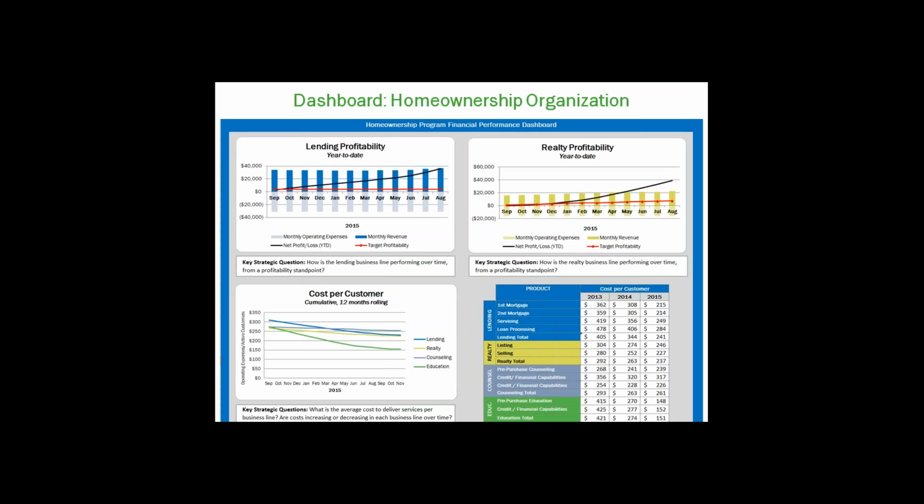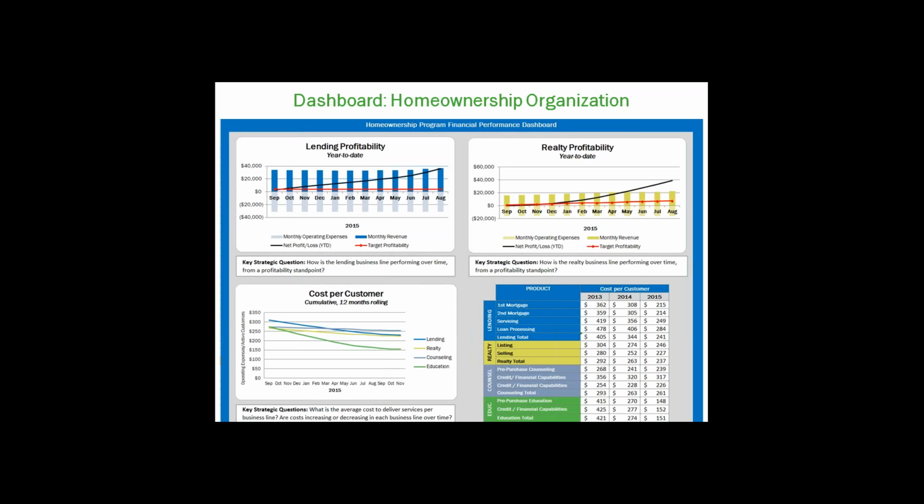And we chose to share this collection of perspectives because you can see the value of using a dashboard to see year-to-date information, to see the target profitability. So again, back to the goal, revenues and expenses by month.